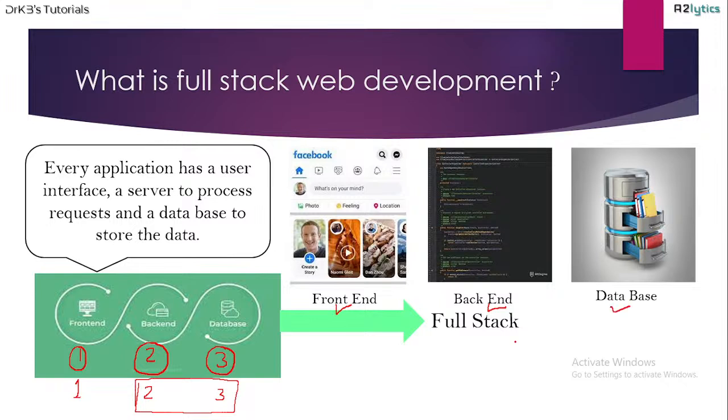So in full stack application development, a developer has to take care of all these three things. He has to develop a front-end application, a back-end application, a query processing application, and also applications for database processing. So three applications the developer has to develop: front-end application, back-end application and database processing application.